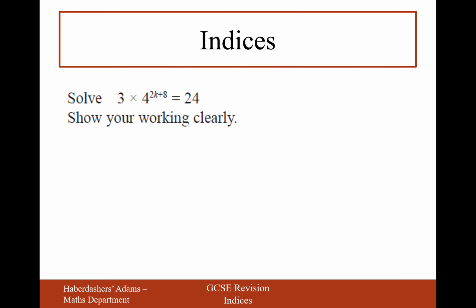Okay, the first thing I'm going to do here is divide by 3 on both sides. So it's going to be 4 to the power of (2k plus 8) equals 8, because 24 divided by 3 is 8. I'm now going to rewrite 4 and 8 as having a base of 2. So it's 2 squared to the power of (2k plus 8) equals 2 cubed.